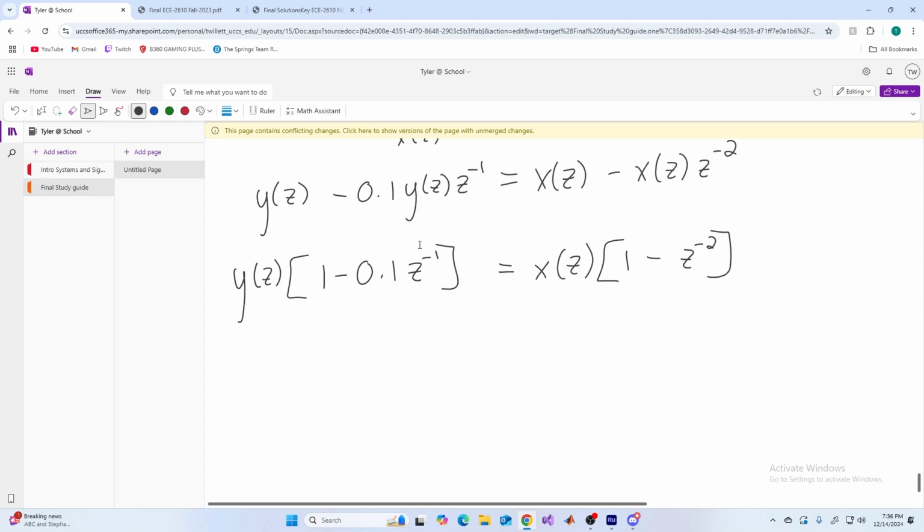Now I'm going to divide by x sub z on the right and divide by 1 minus 0.1 z to the negative 1 on the left. So I should get h sub z equals 1 minus z to the negative 2 all over 1 minus 0.1 z to the negative 1. And this is how you would find h sub z.